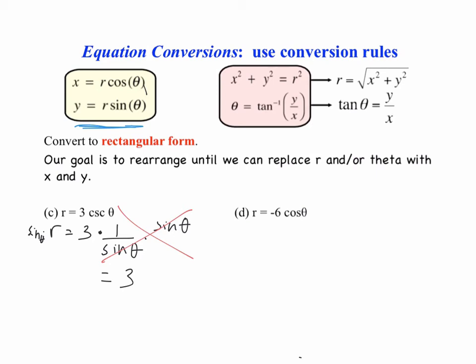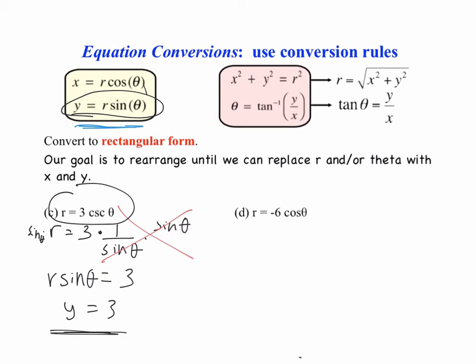On the left side, now I have sine theta and r multiplied together, so I'm going to be able to set this up and plug it in. So r times the sine of theta on the left is what I have, but r times the sine of theta is y. And so this equation, r equals 3 cosecant theta, really ends up being in rectangular coordinates y equals 3, which is a horizontal line at 3.